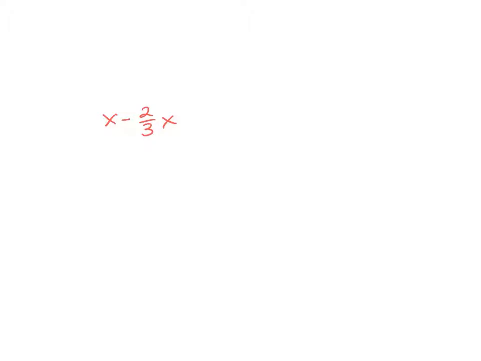But remember, there's an understood 1 in front of that x. So what I really have is 1 subtract 2/3. One way to do that is to rewrite that 1 as 3/3, so it's 3/3 x subtract 2/3 x, which gives a final answer of 1/3 x.